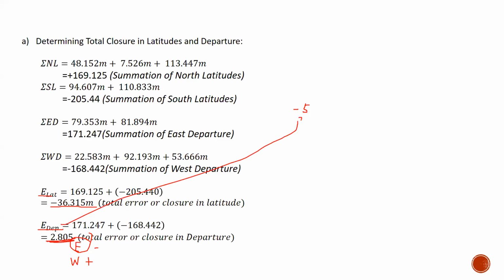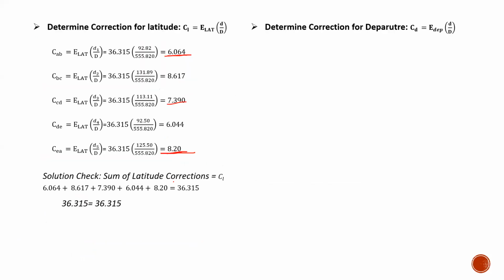Ibig sabihin yan, mas marami yung error sa west. So, babawasan ko yung error sa west at mag-a-add ako doon sa east. Nakukuha nyo ba? Kung paano ginagawa? Yes po. Okay. Dito na tayo. So, again, mag-a-add tayo.